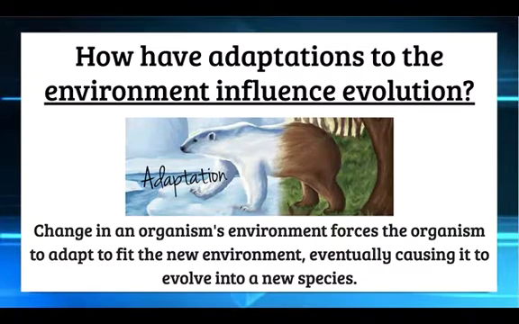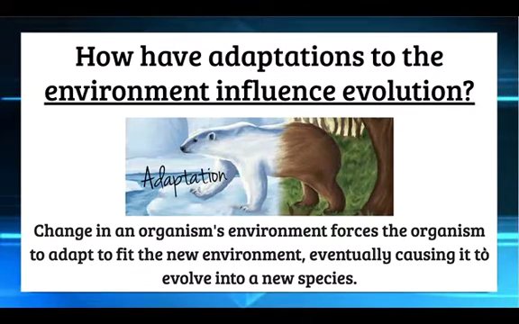So we have talked a lot about plant and animal adaptations, whether it's what they look like or how they act. But the main underlying point to this entire presentation was figuring out how do these adaptations or changes in the environment influence animals to actually change.